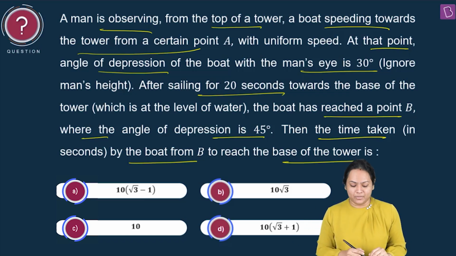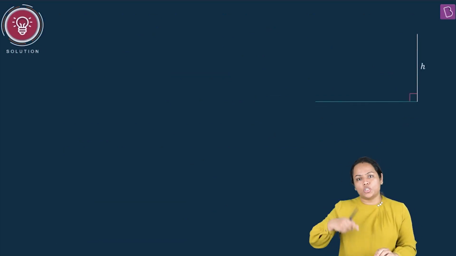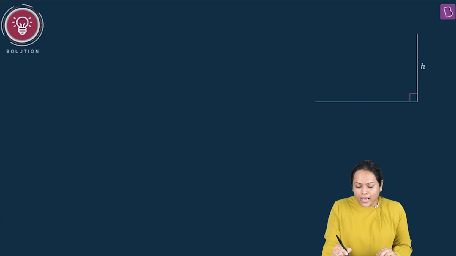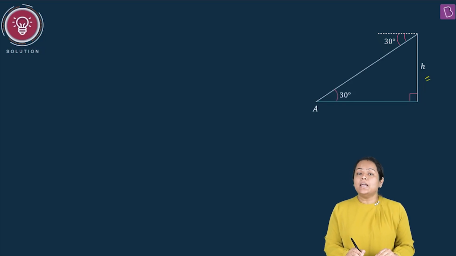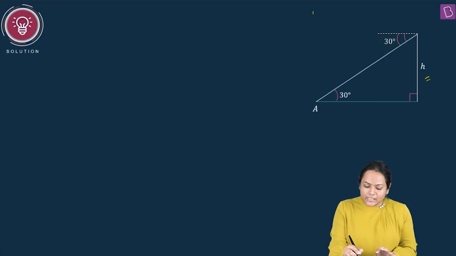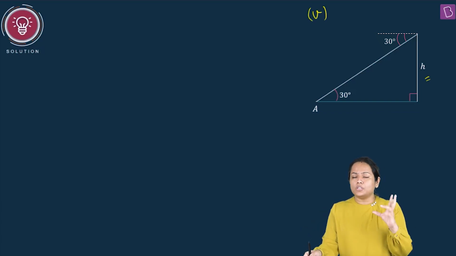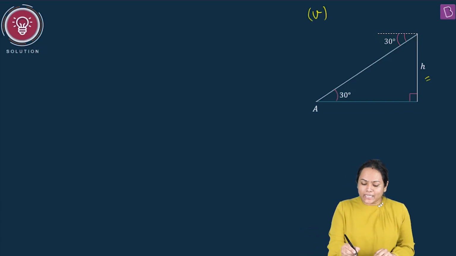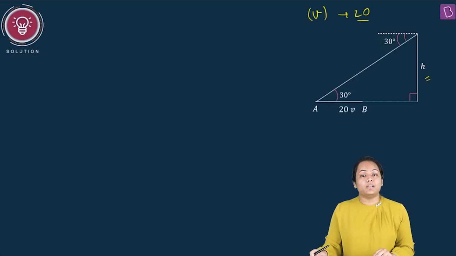So in this question, let's say the tower on which the man is standing has a height h. There is a point A, the angle of depression here is 30 degrees. Then if I take the speed of the boat as v, because it's constant or uniform, I can say that in 20 seconds it's going to travel 20 v distance, right?